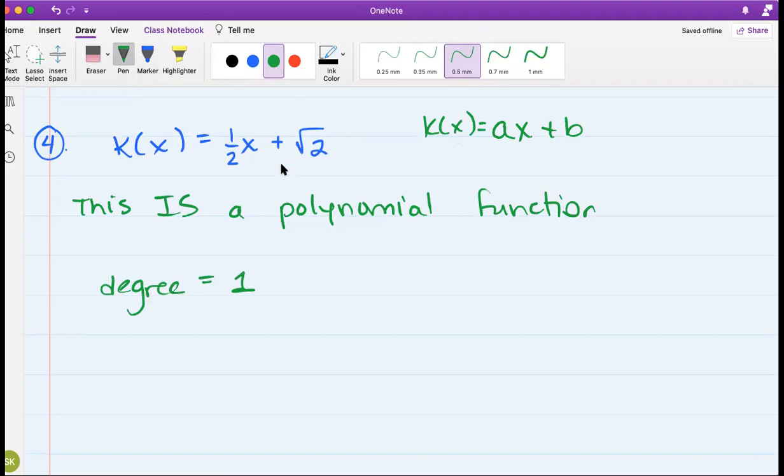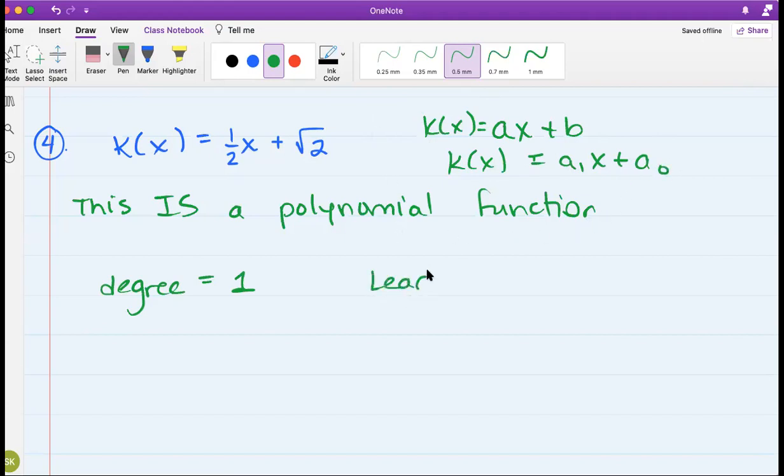So you have to know what a real number is. Fractions are real numbers and square roots are real numbers. So this is the normal form of a line. And you can also say that this looks like a sub 1 x plus a sub 0, where the b, the y-intercept, is your constant term.